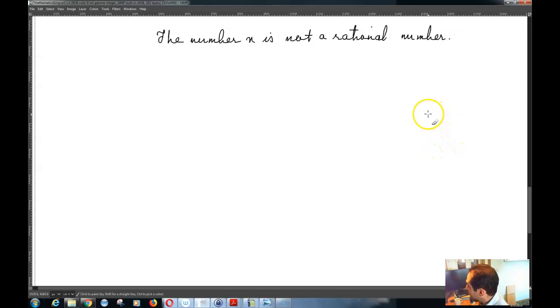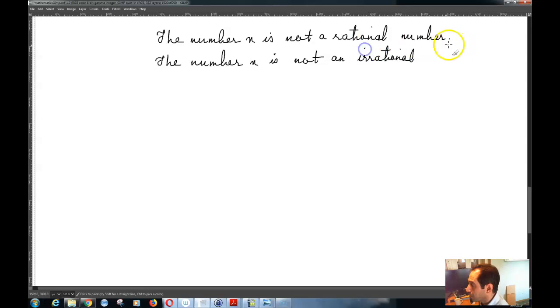And then the negation of that is: the number x is not an irrational number. So the statement is the number x is not a rational number, and the negation is the number x is not an irrational number.